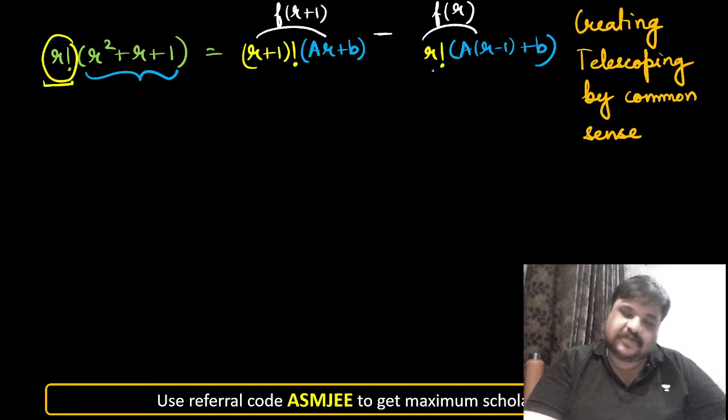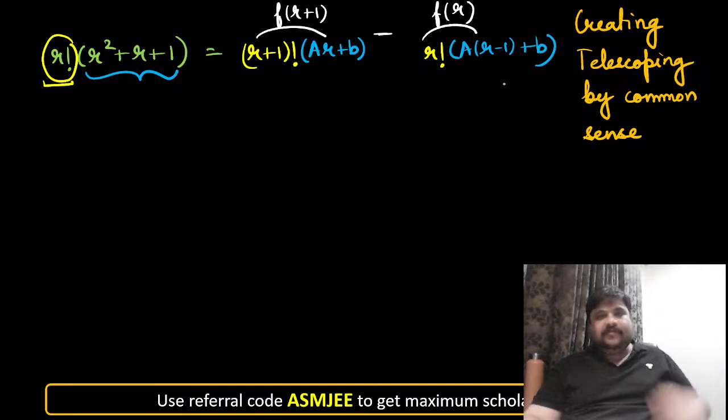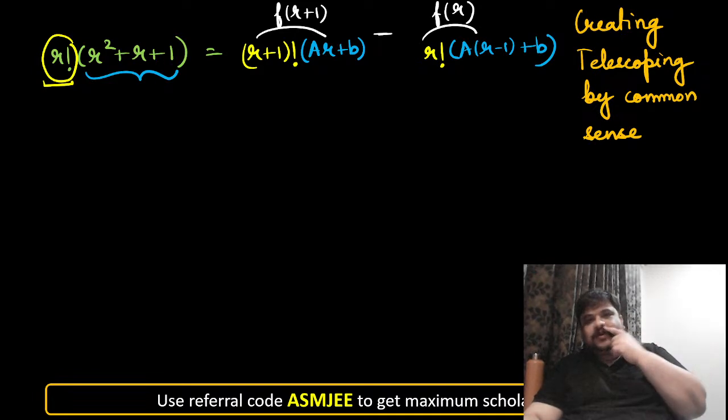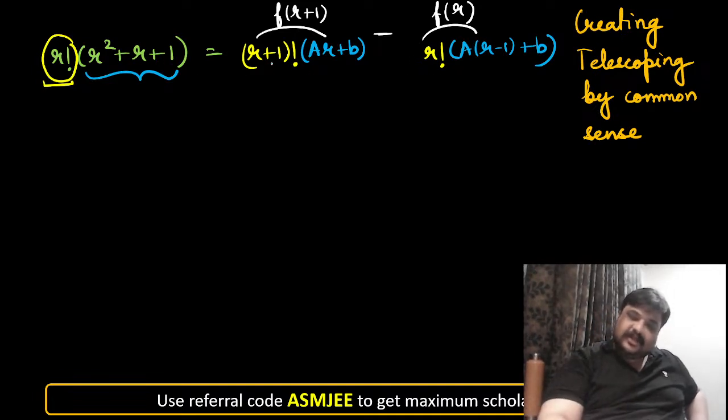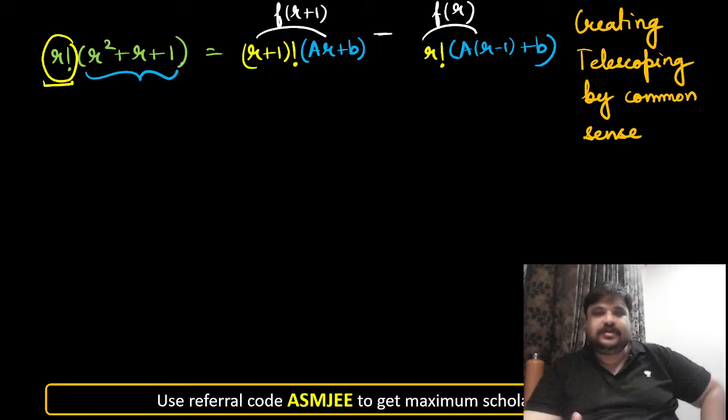We have taken both the terms in telescoping format. Why have we guessed that it should look like this? Because when you are subtracting, r factorial will come out common. Here you will get (r plus 1) into (ar plus b), which will be a quadratic. Quadratic minus linear will give you some quadratic. So this is what we thought.